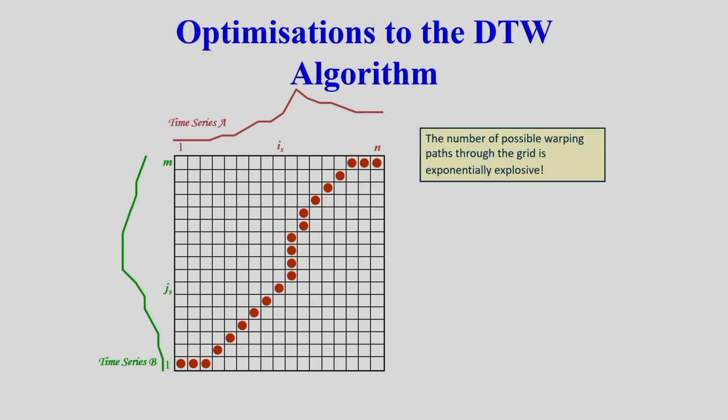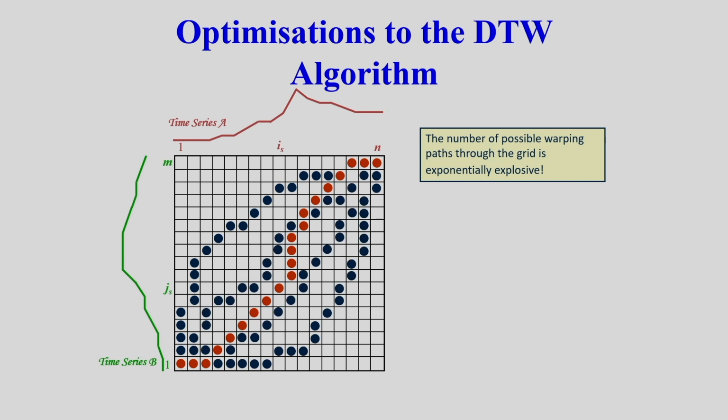So based on this I can find the best alignment path between A and B. In this case you can see the optimization to the DTW algorithm, because the number of possible warping paths through the grid is exponentially explosive. So maybe I can consider this warping path, or maybe this warping path. Like this I can consider many warping paths, but which one is the best I have to determine.